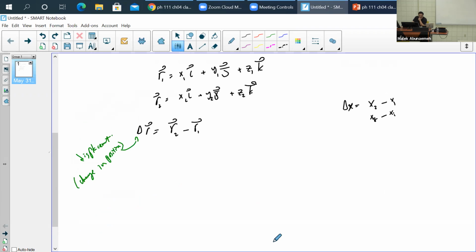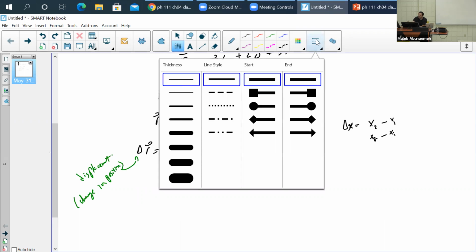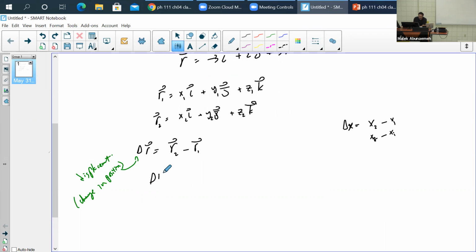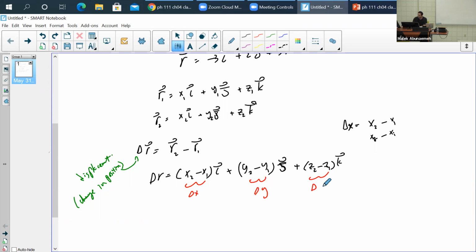Let's go ahead and fill in the blank on this one. So delta R is going to equal your x2 minus x1 in the i direction plus y2 minus y1 in the j direction plus z2 minus z1 in the k direction. If you notice, we have x2 minus x1, which is going to be delta x, y2 minus y1, which is going to be delta y, and z2 minus z1, which is going to be delta z.